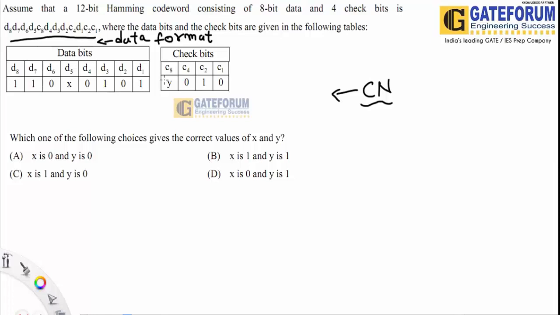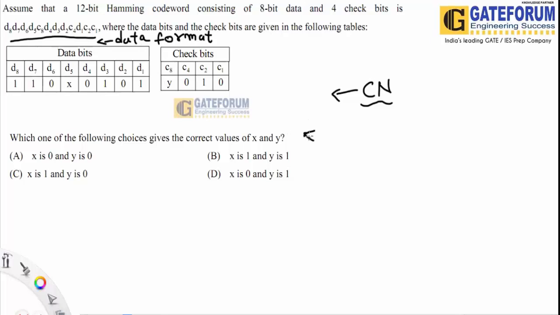Before going for the solution of this question, let's try to understand what the question is wanting to say, and identify which section of computer networks it is from. Basically, it's related with the Hamming code. As you might know, the Hamming code is a concept related with data link layer based error correction.